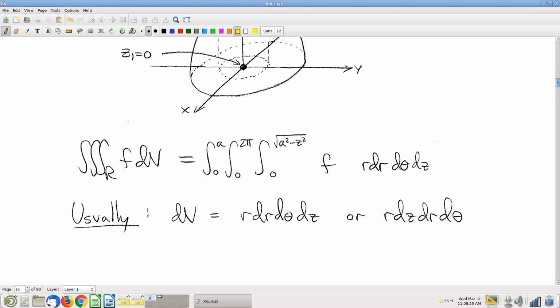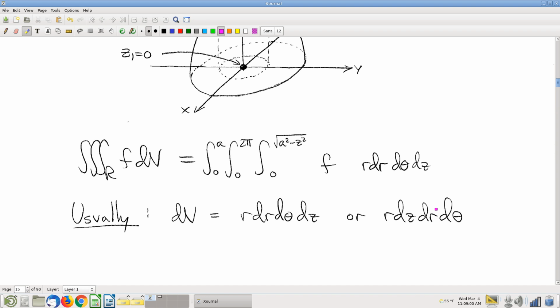Your strategic choice. Which way should you slice in cylindrical coordinates? There are 6 choices. They're all legal. Of those 6 legal choices, there are really only 2 that make any sense. In the vast majority of cases, I could probably dream up some unnatural oddball case if I really wanted to, but it happens so often that it's really not worth considering other cases.